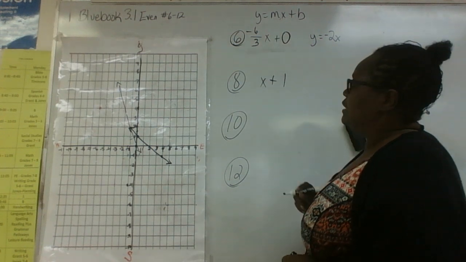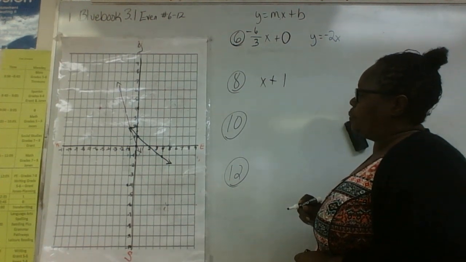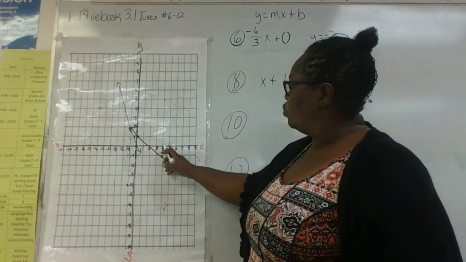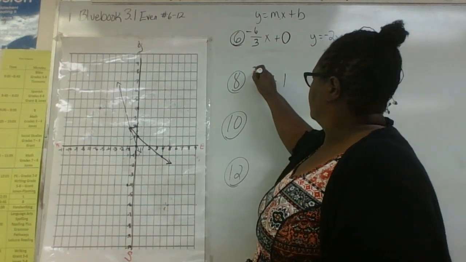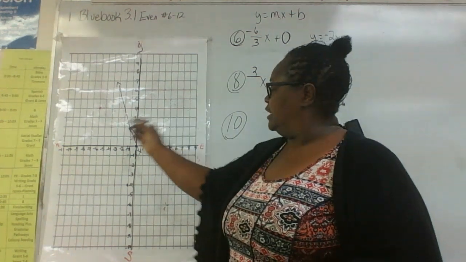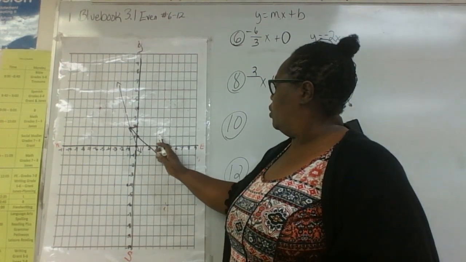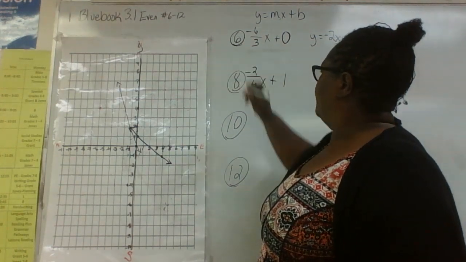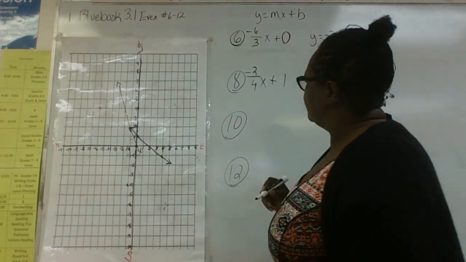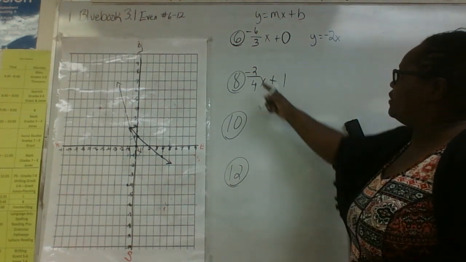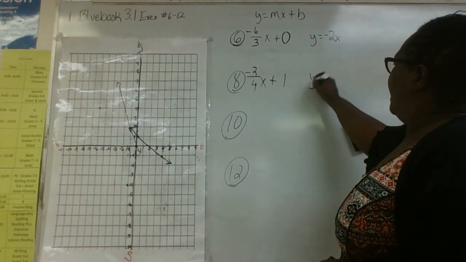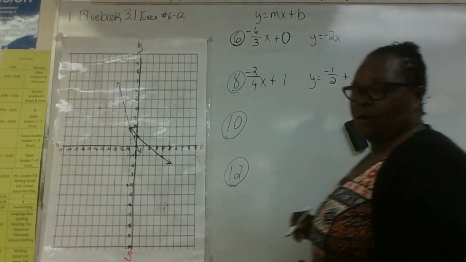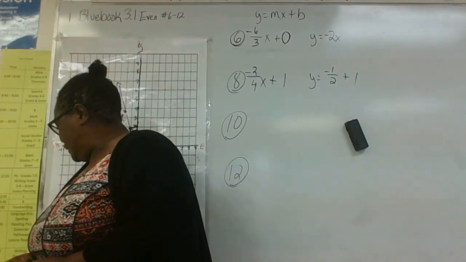Now let's get our slope, our rise over our run. Our rise, 1, 2. Our run, we turn to the left and go 1, 2, 3, 4. And because we turn left, it's negative. Now let's simplify 2 over 4. We would have -1/2 x plus 1. And that will be our equation for line 8.